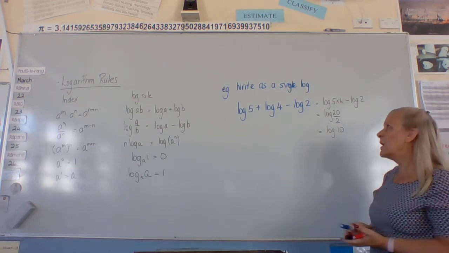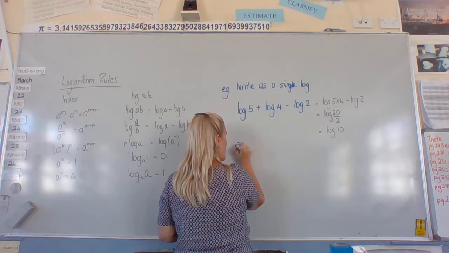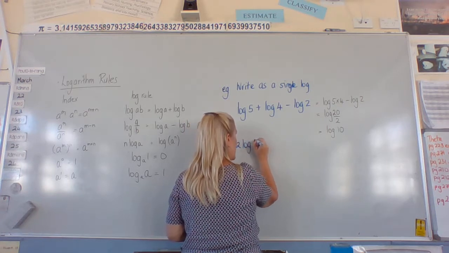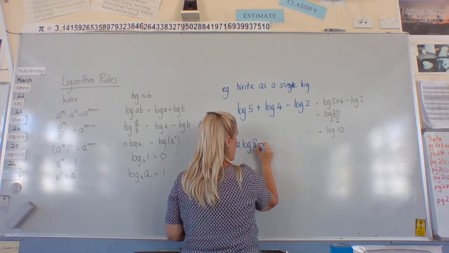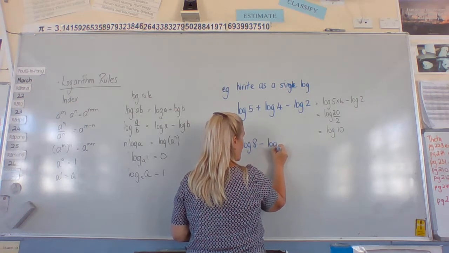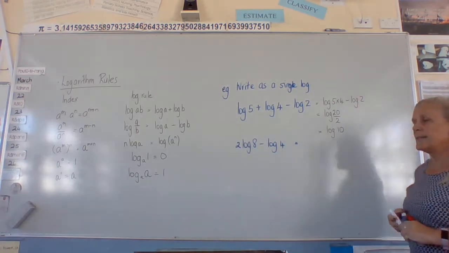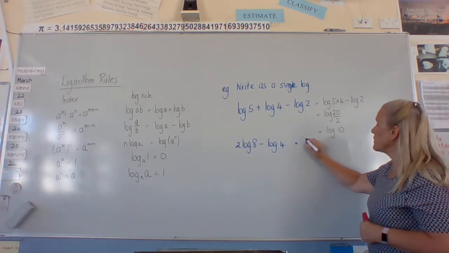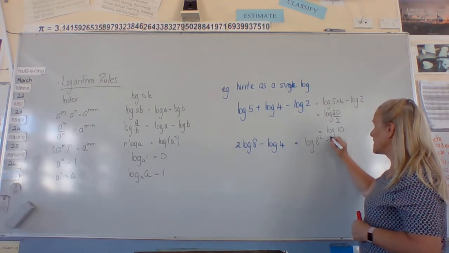All right, or 2 log 8 minus log 4. All right, so 2 log 8 gets rewritten as log 8 squared minus log 4.